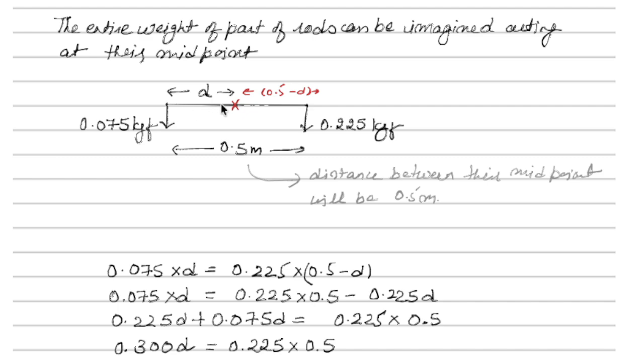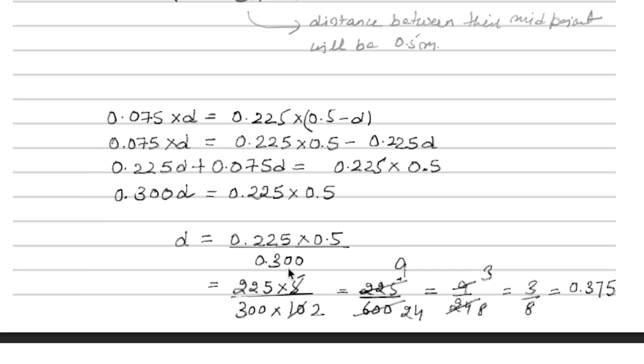If this distance is D, the complete distance is 0.5, so the remaining distance will be 0.5 minus D. We just need to apply math and solve for D. When we solve it, we get 0.375 meters. So that is what we are getting.